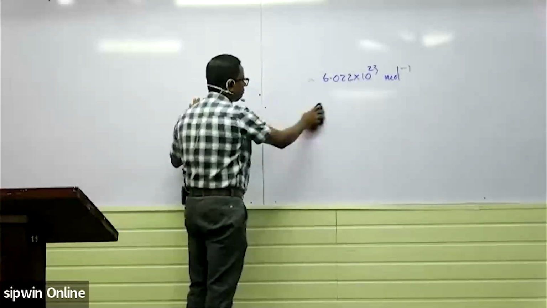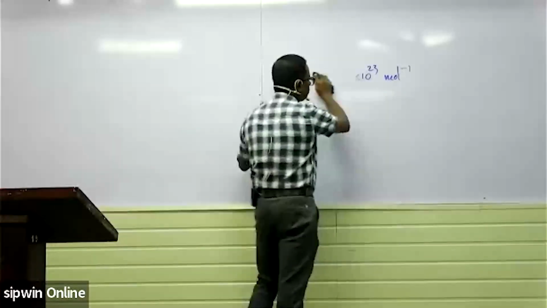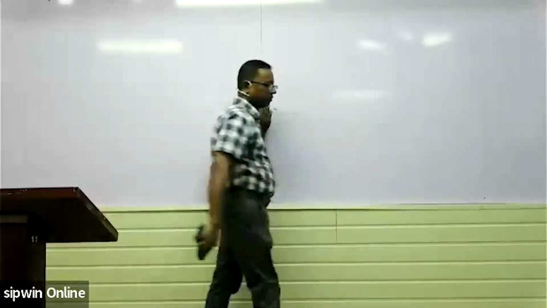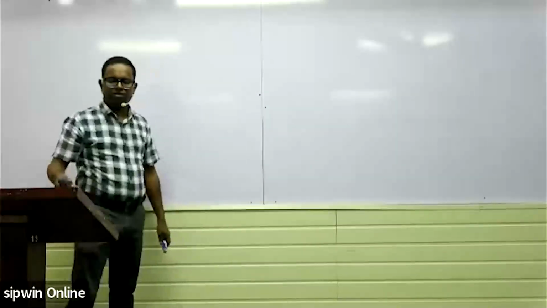I will write it. Chemical equivalent weight equals relative atomic mass divided by valency.